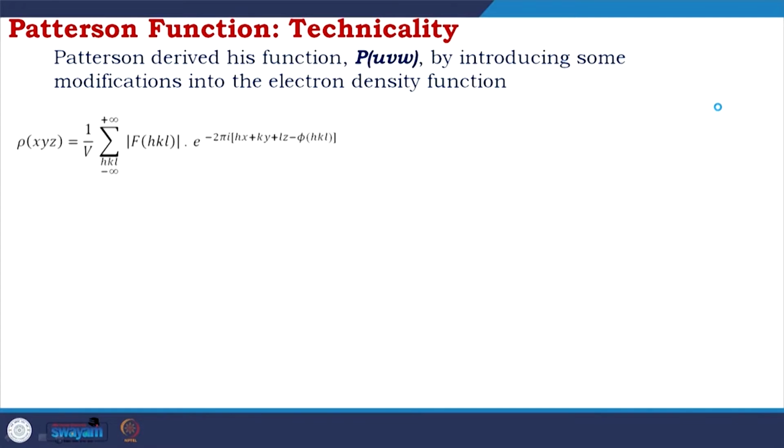So, this is rho(x,y,z), we know, equals 1 by V, sum from minus infinity to plus infinity of F(hkl) e to the power minus 2 pi i (hx + ky + lz) minus phi(hkl). The Patterson function, definitely it is u v w as I talked about, P(u,v,w) equals 1 by V, sum from minus infinity to plus infinity of |F(hkl)| squared, so it is squared, cos 2 pi (hu + kv + lw). So, in one thing, this is squared.